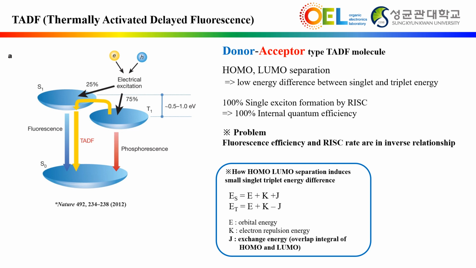To add an explanation of how HOMO and LUMO separation reduces the singlet-triplet energy difference: two electrons with different spin states can exist in the same orbital, but electrons with the same spin state cannot. Singlet excitons can have two electrons of different spin states in the same orbital, and there is a possibility that electrons exist in overlapping HOMO-LUMO orbitals, resulting in energy instability due to the repulsion.